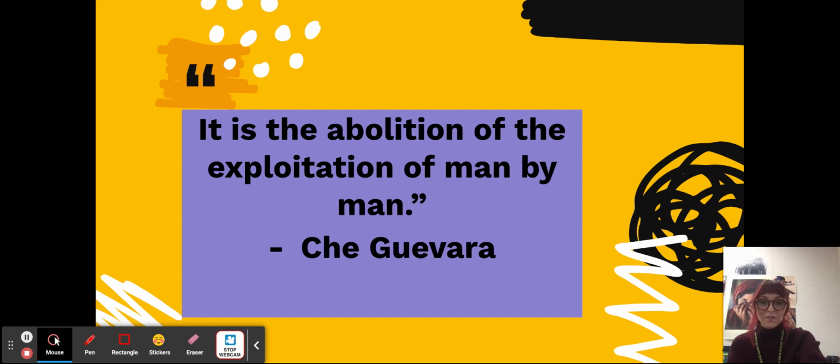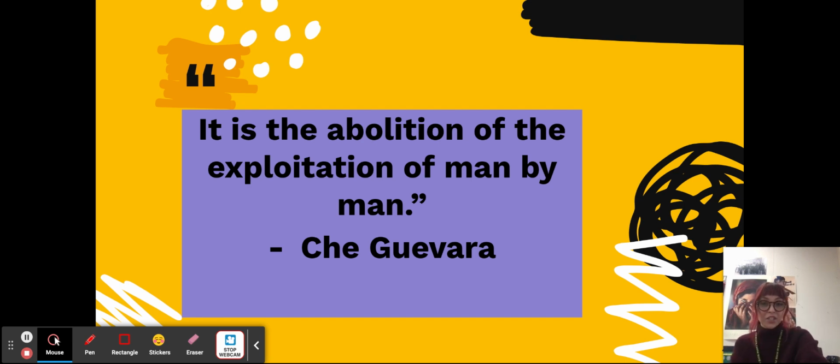Okay, so here is our first quote. It is the abolition of the exploitation of man, by Che Guevara. So I know there's some big words here. Abolition, you might have heard the word abolish, right? It means to get rid of something or do away with something.